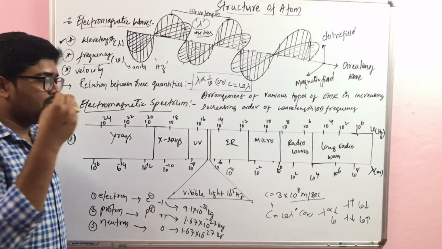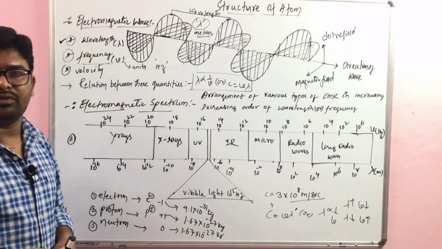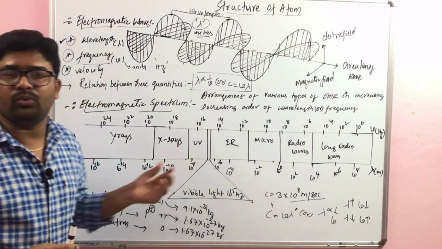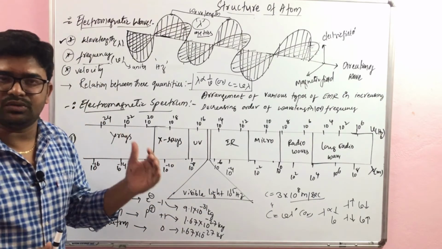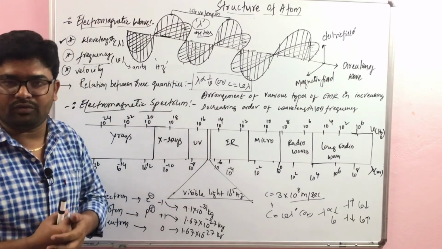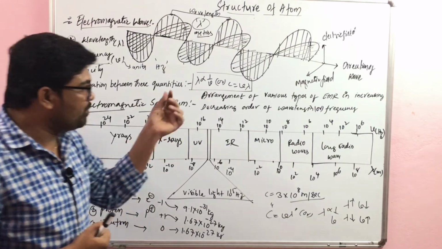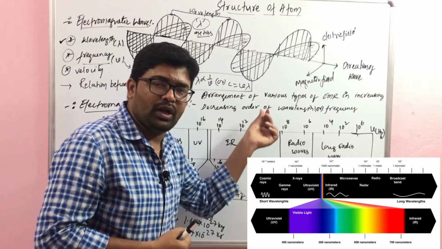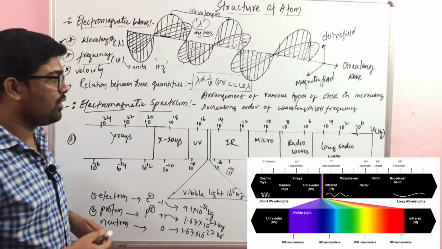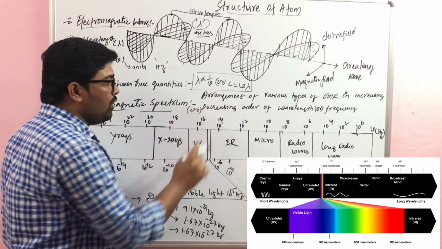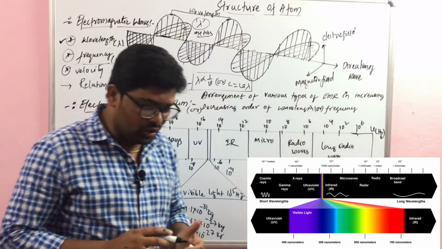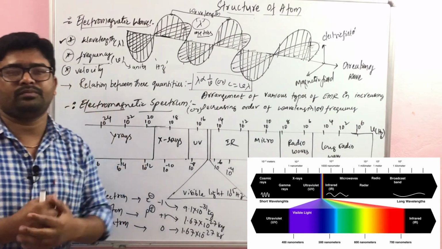There are different types of electromagnetic waves, and each has its own characteristic wavelength and frequency. The arrangement of these electromagnetic waves or radiations in increasing or decreasing order of wavelength or frequency is called the electromagnetic spectrum.